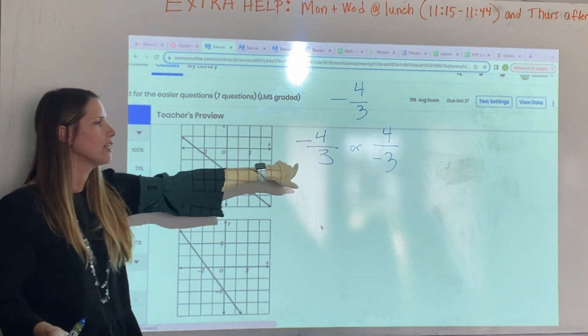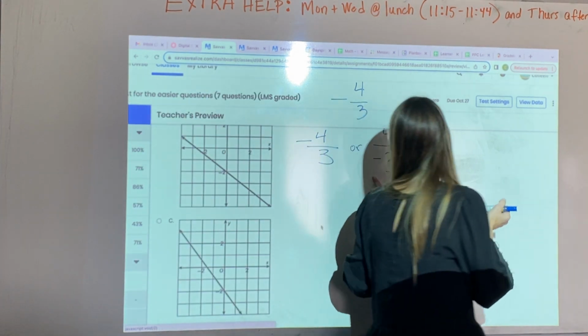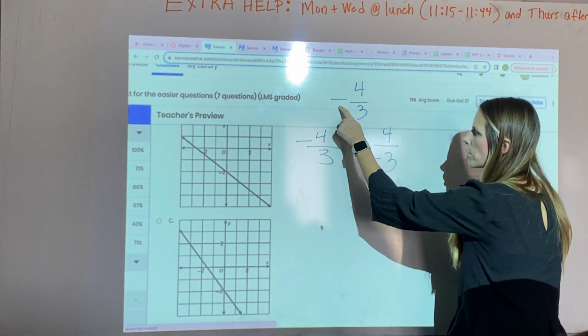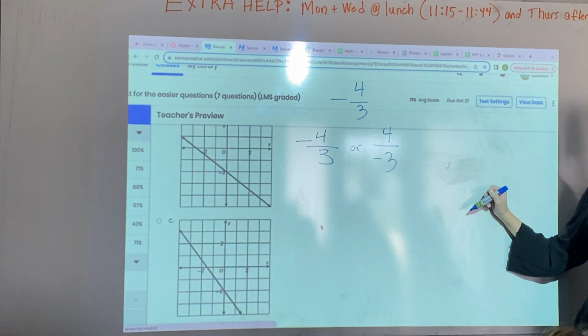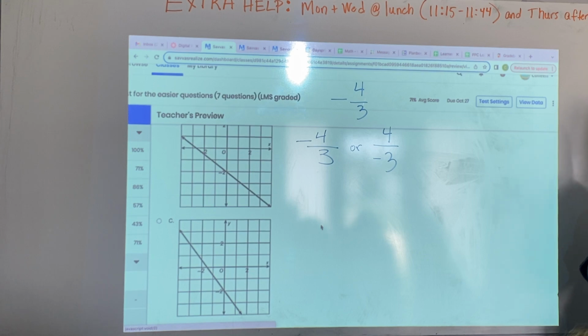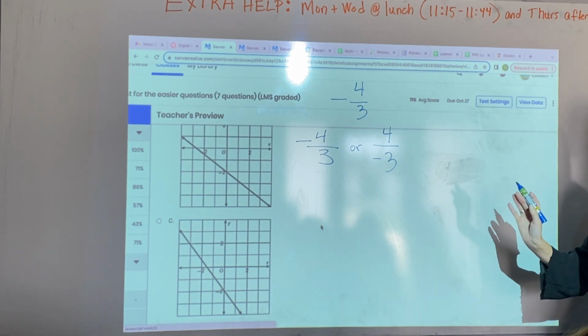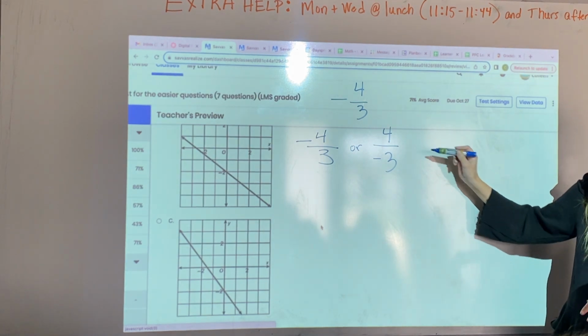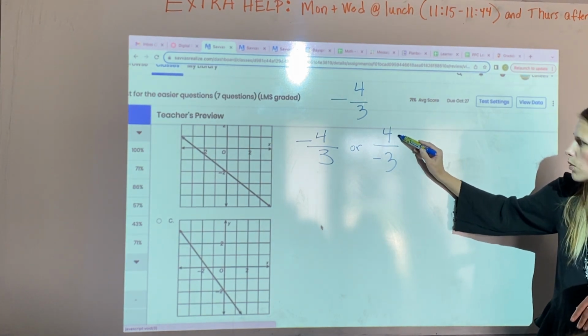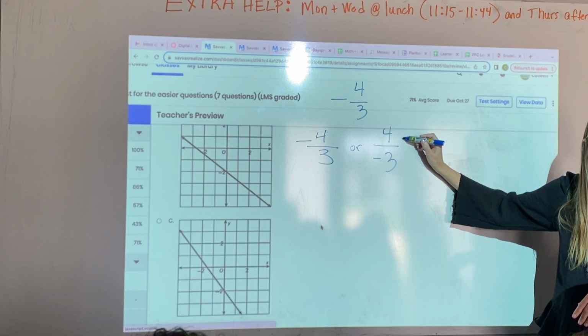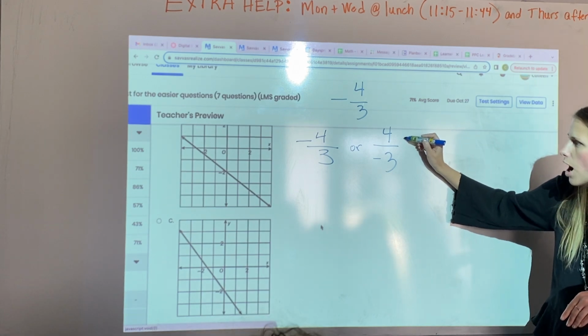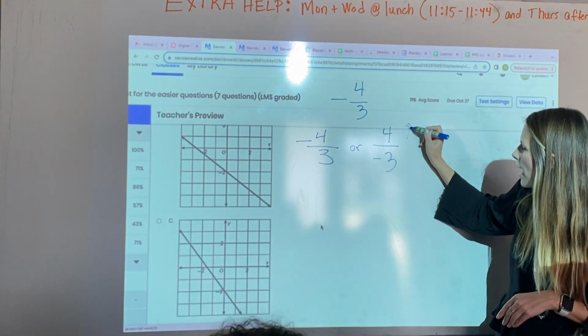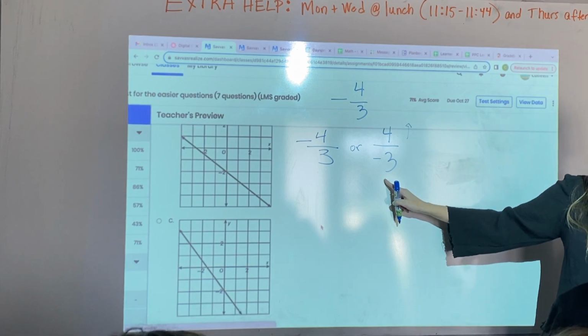So we can look at the slope in a different way, because it doesn't matter if the numerator or denominator is negative, as long as only one of them is negative, the whole thing is negative. We can't make both of them negative, that would be a positive slope. So if we choose to do this, we're going to go up 4, and then which way are we going 3?